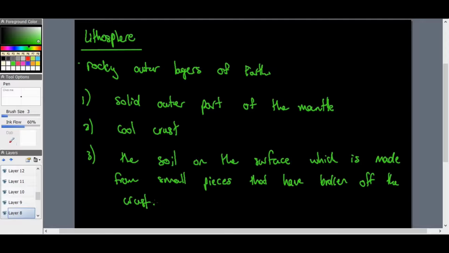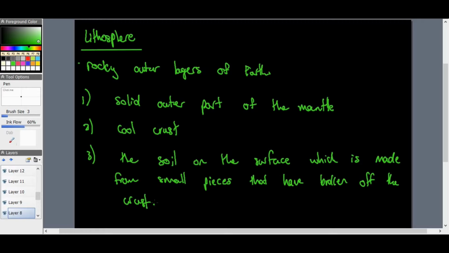Cool. Now all rocks of the crust are made up of minerals. Let me mention one type of rock that we know, which is granite. Granite rock has several types of minerals in it.